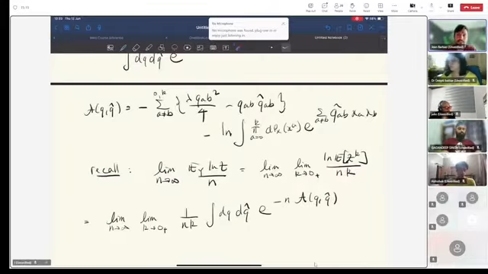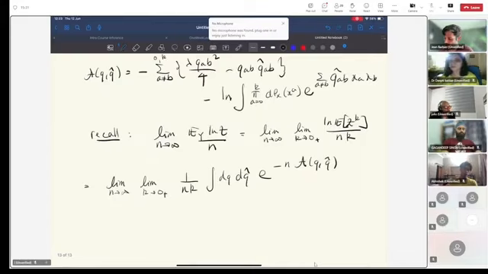So now I need to make an assumption to finish. I will need to make two more assumptions that I cannot justify rigorously, okay, which are heuristics. The first heuristic is that I will assume that these two limits commute. I can exchange the order of these two limits, okay?